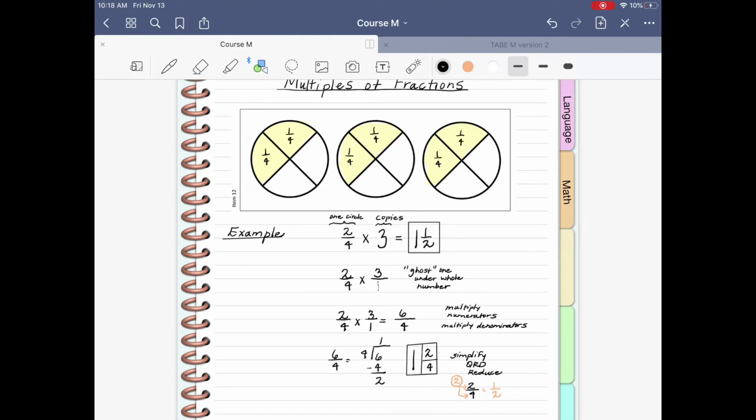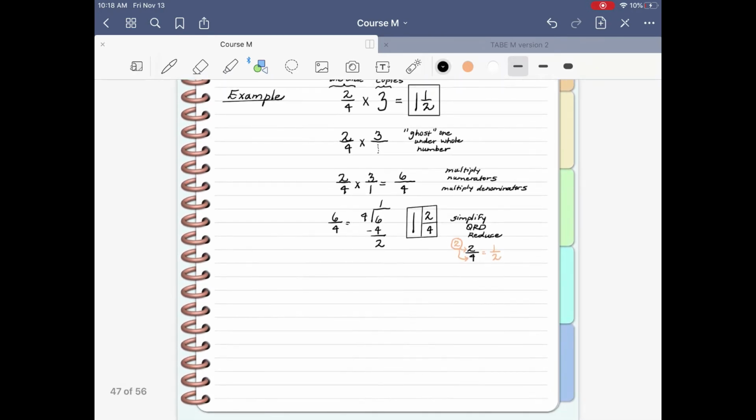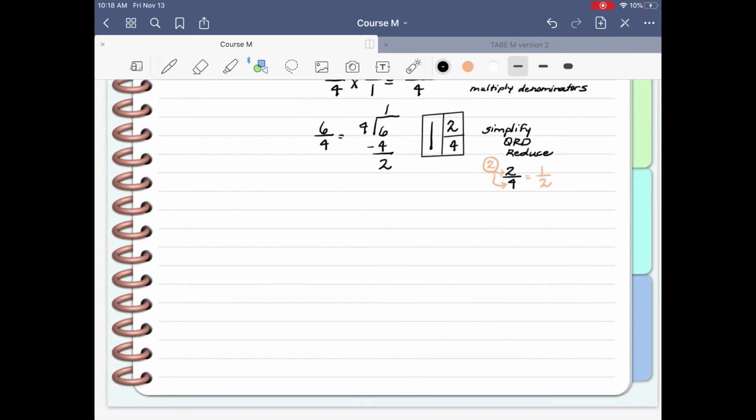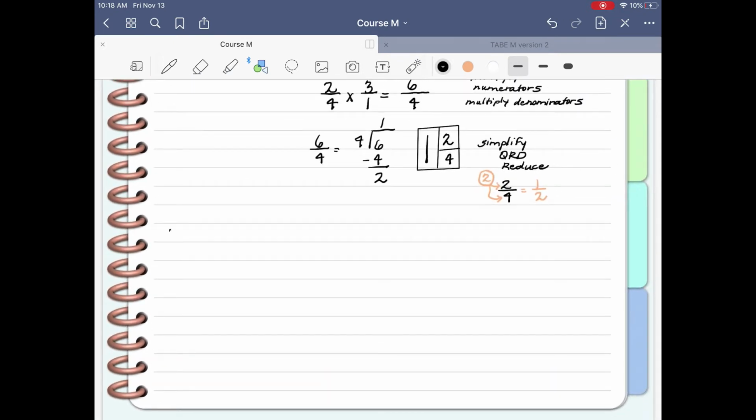Okay, this will get easier with practice, I promise. We just need to practice a lot. Alright, let's do an example without a picture, because most of the time in real life you're not going to have the picture.